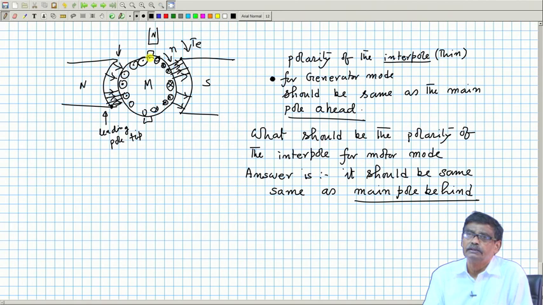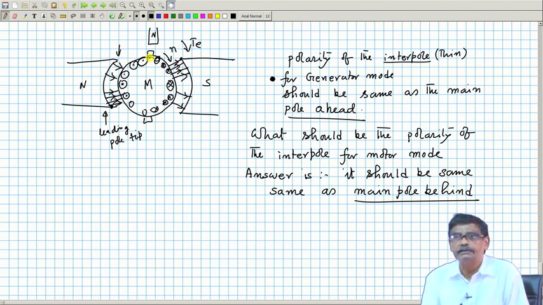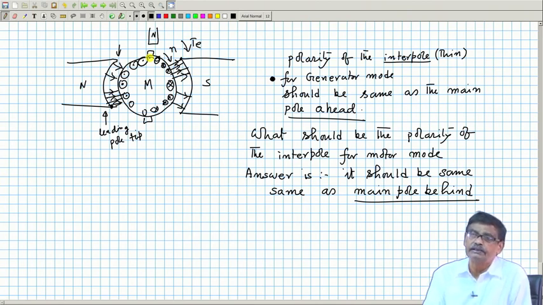Commutation should be as smooth as possible. Commutation means a conductor carrying plus current, immediately after a little bit of time when it crosses the q axis, has to carry the dot current. We must do it uniformly, otherwise there will be flashover between the brushes and the thin strip of mica insulation may break.